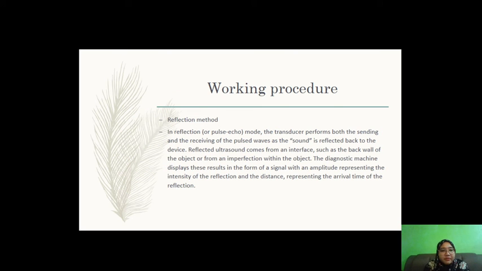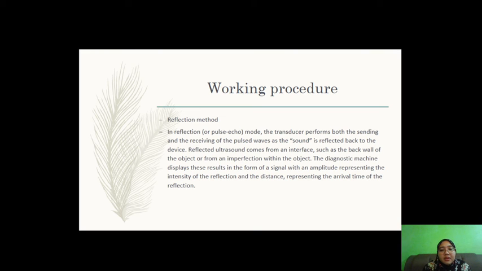Working procedure: first, reflection method. The transducer performs both the sending and the receiving of the pulse wave as the sound is reflected back to the device. Reflected ultrasound comes from an interface such as the back wall of the object or from an imperfection within the object.